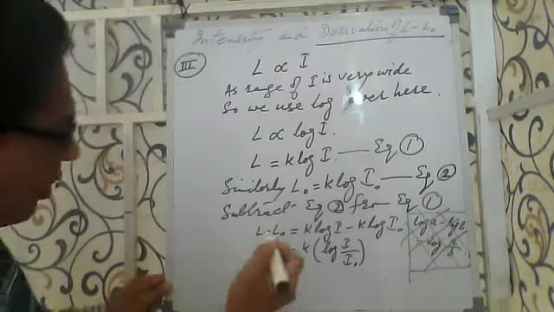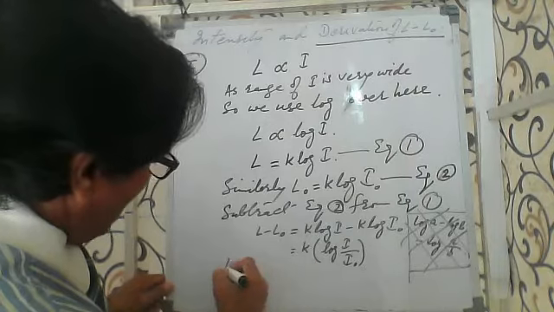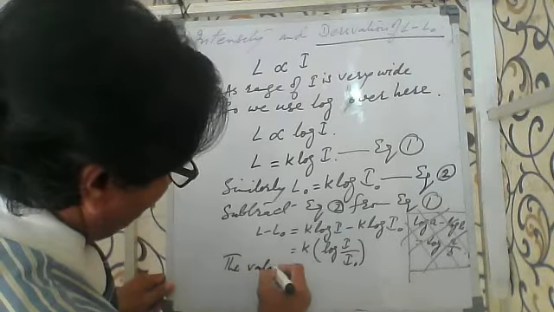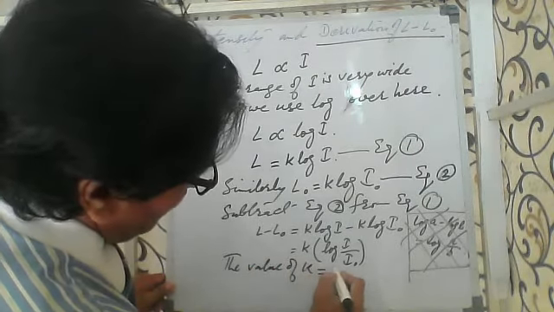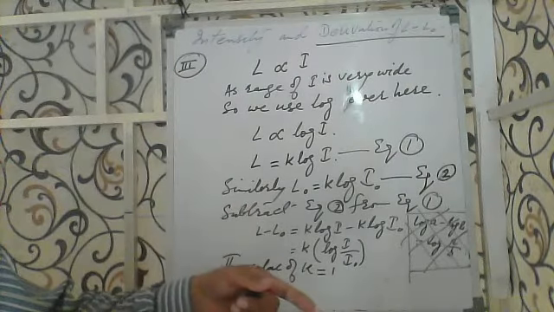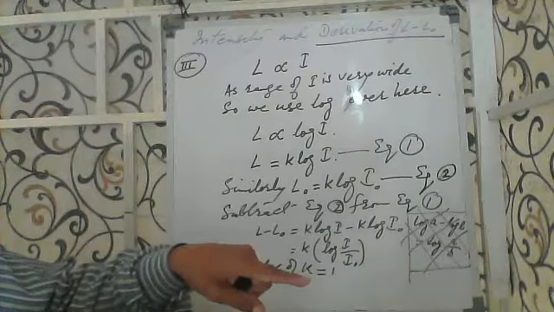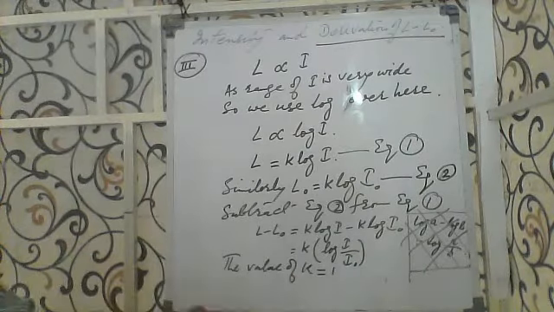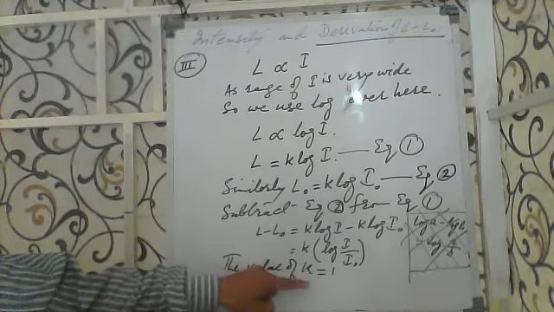The value of K is equal to 1 in certain experiments done. Those experiments are not included in your syllabus, but we will use the value of K as 1.